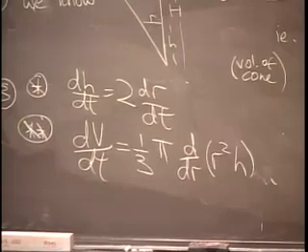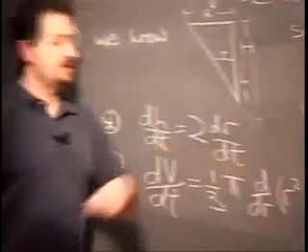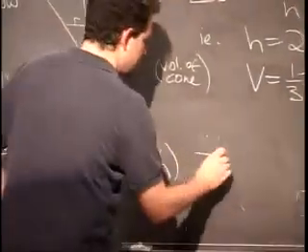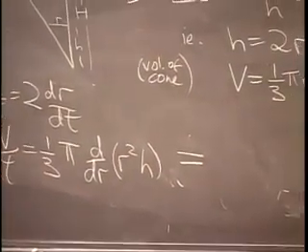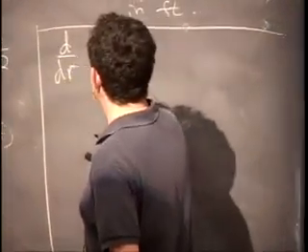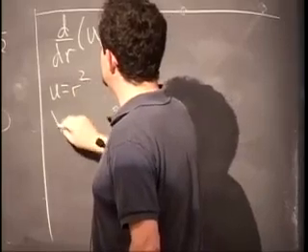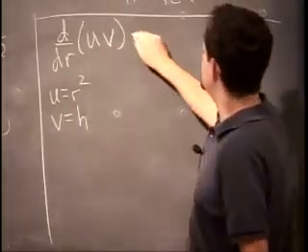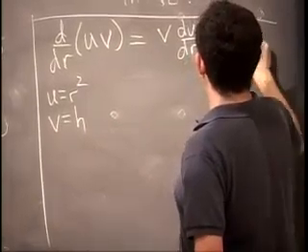This is not the only way to do this. I'll discuss another way. In fact, I think this might have been the way I did second in the book, but hey, variety is the spice of life. So, we need d/dr of r squared h. And as usual, I'm going to put an equals and come back to this prickly thing after I finish the working over here. So I need d/dr of, say, uv, where u is r squared and v equals h. So this is equal to v du/dr plus u dv/dr.